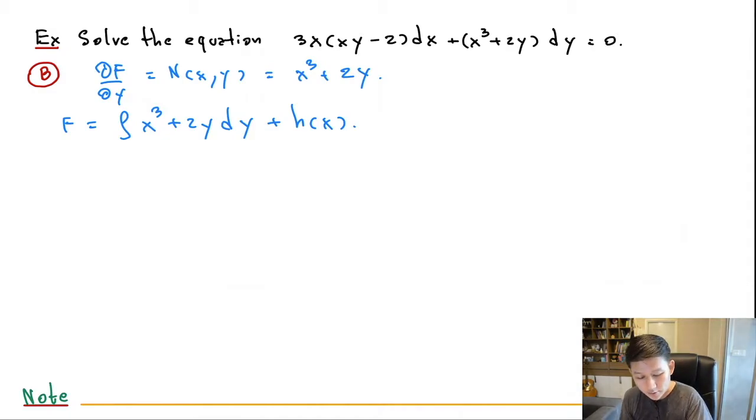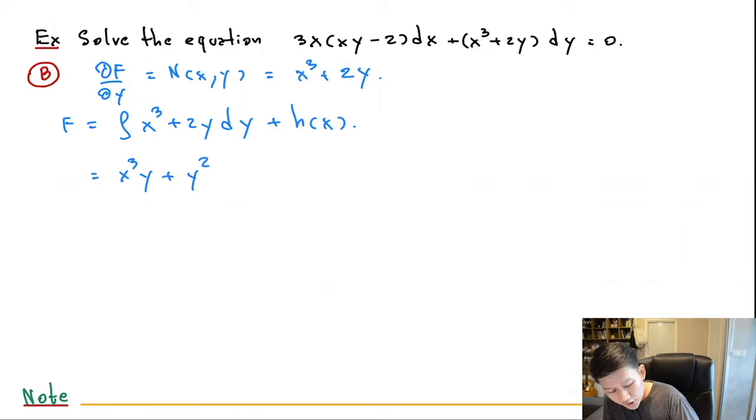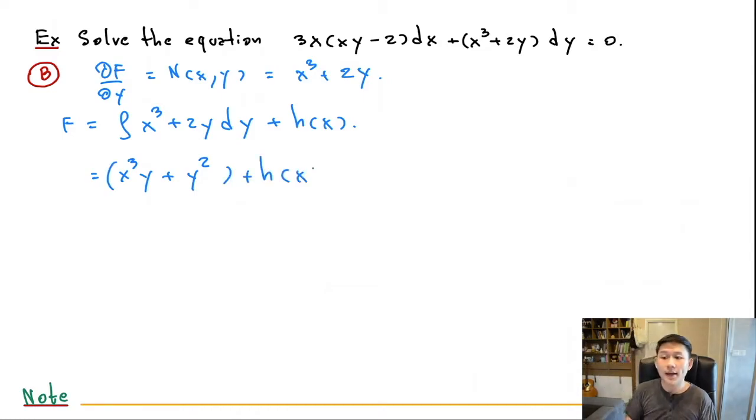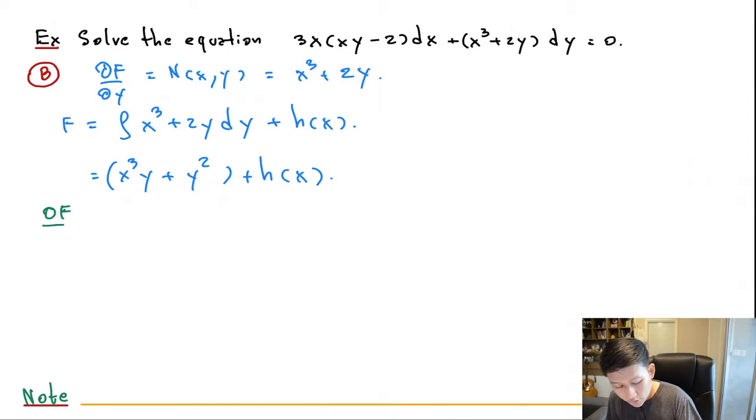Then the integration gives x cubed y plus y squared plus h(x), and the solution is f equals c. So we want to know h. We differentiate f by x, so we have 3x squared y plus 0 plus h prime of x.